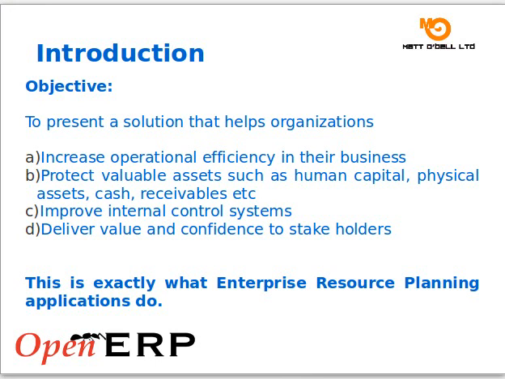Number 2 objective is to protect valuable assets, such as human capital, physical assets, cash, receivables, inventory, and so on. Now, depending on the kind of business, some assets are more vulnerable than others. For example, a bank will be carrying a lot of cash as well.